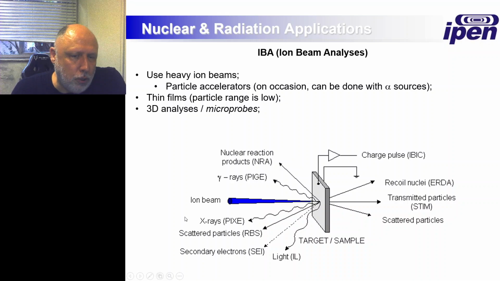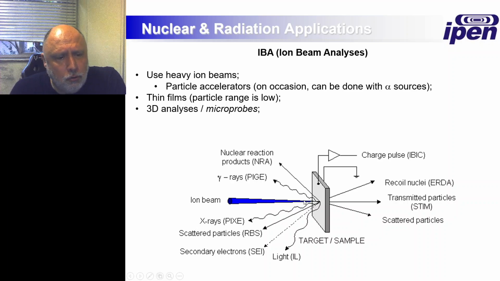And by these X-rays you can know the composition of the sample. The downside is you only see the very few first layers of your sample. For ion beam analysis, essentially, you can only use very thin samples. Very, very thin, micron thin, right?